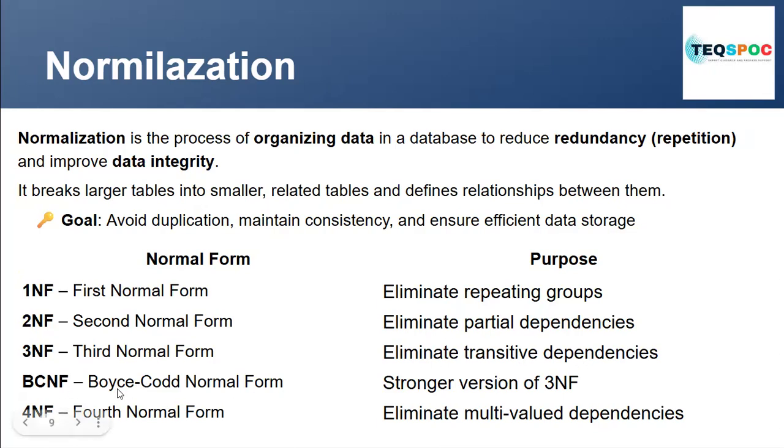BCNF, that is Boyce-Codd normal form, is a stricter version of 3NF. 4NF, the fourth normal form, eliminates the multi-value dependencies. These are the normal forms.